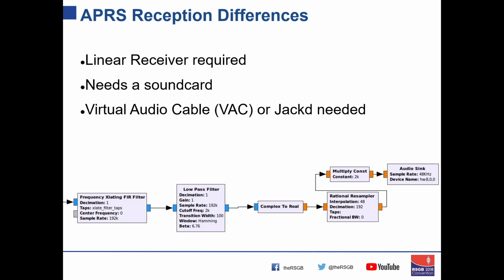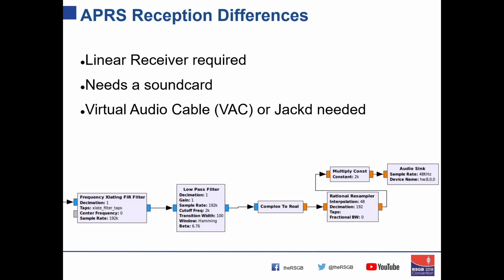So what do we have here? This is the full receive chain for APRS. We've got the FIR filter again. We've got a low pass filter. We then have to convert it from an IQ stream to something the sound card could understand, and we call that real. We then resample it down to the sample rate of the sound card.